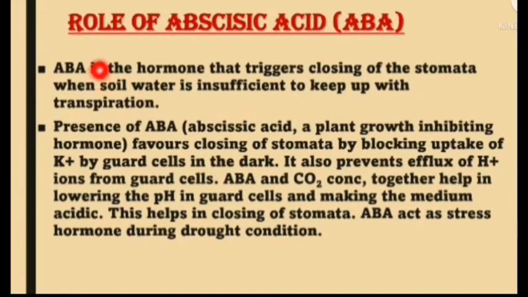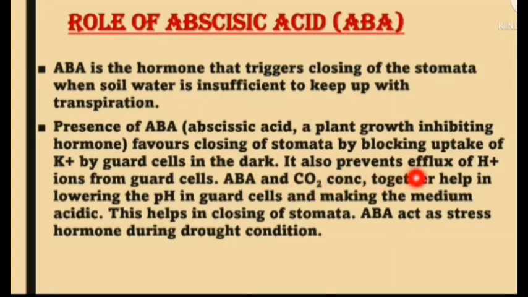Next is the role of abscisic acid, ABA. ABA is a hormone that triggers closing of the stomata when soil water is insufficient to keep up with transpiration. Presence of abscisic acid favors closing of stomata by blocking uptake of potassium ions by guard cells in the dark.